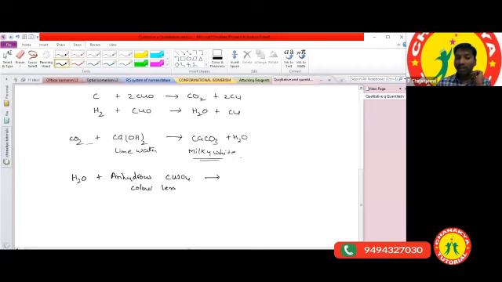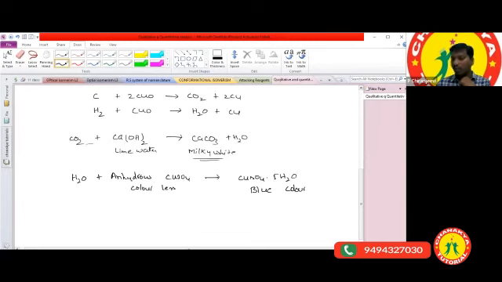So whenever you pass steam through anhydrous copper sulfate, it immediately turns blue. How? It absorbs the water molecule and becomes CuSO4·5H2O. Hydrated copper sulfate always appears blue.